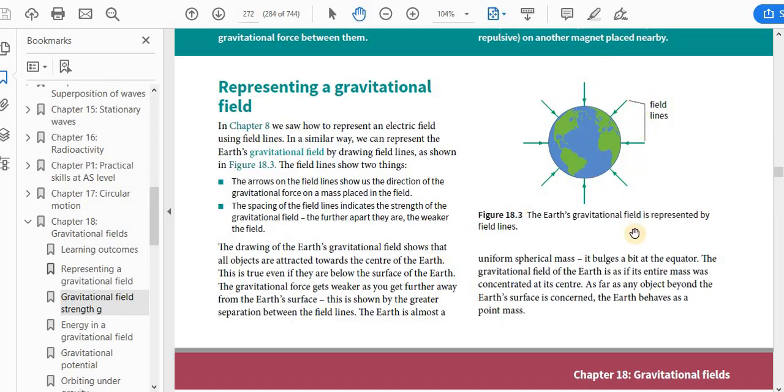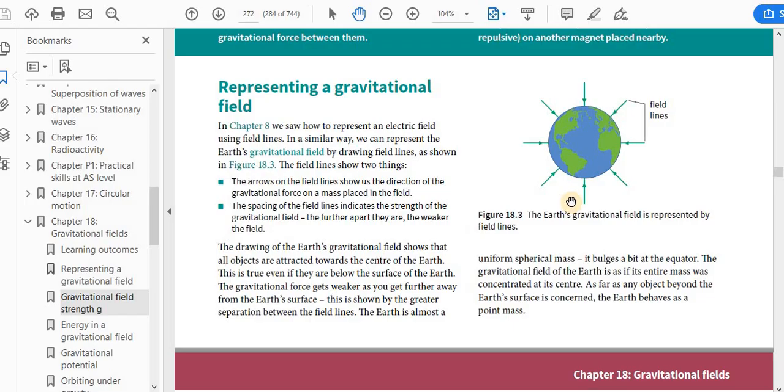So this is called a radial gravitational field. If the earth is like a point mass like this, then the gravitational field lines are radial. You have also learned that the further away the field lines are from each other, the weaker the field.